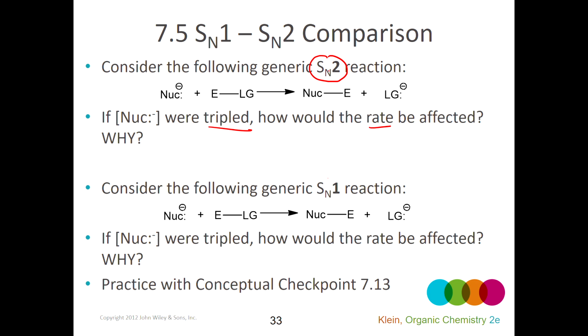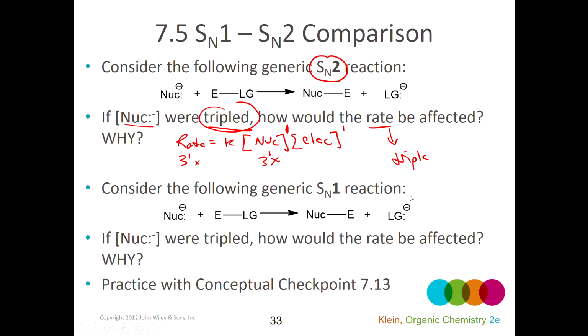Well, if it's an SN2, then the rate law includes both the nucleophile and the electrophile, and they're both first order. So if I were to triple the nucleophile molarity and it's first order, that means I'm multiplying the side by 3 to the first power. To keep it equal, the rate would have to be multiplied by 3 to the first power. So the rate would triple.